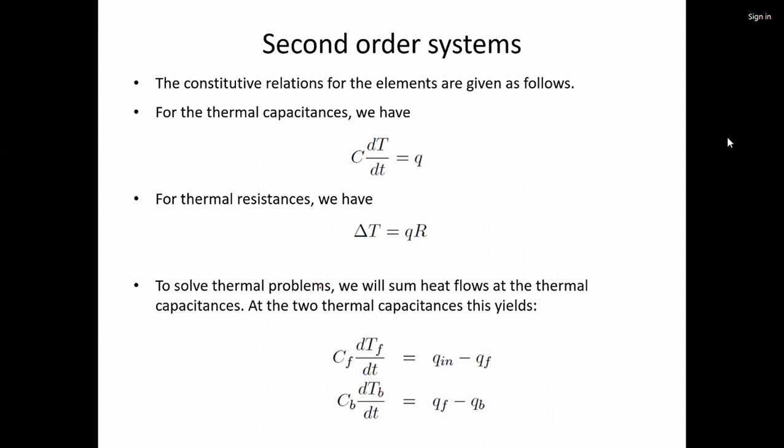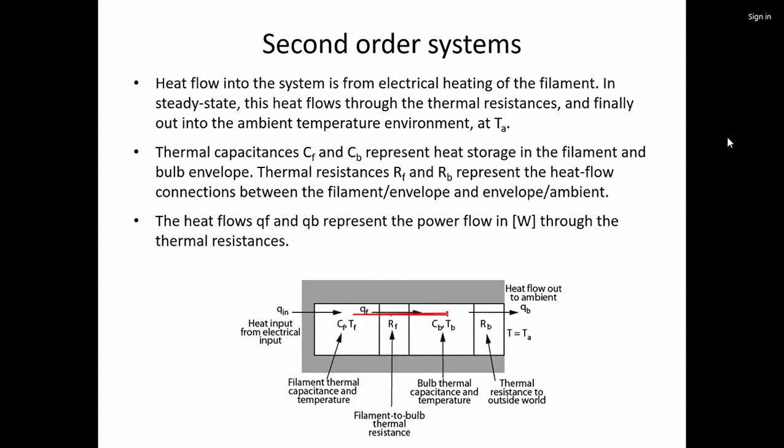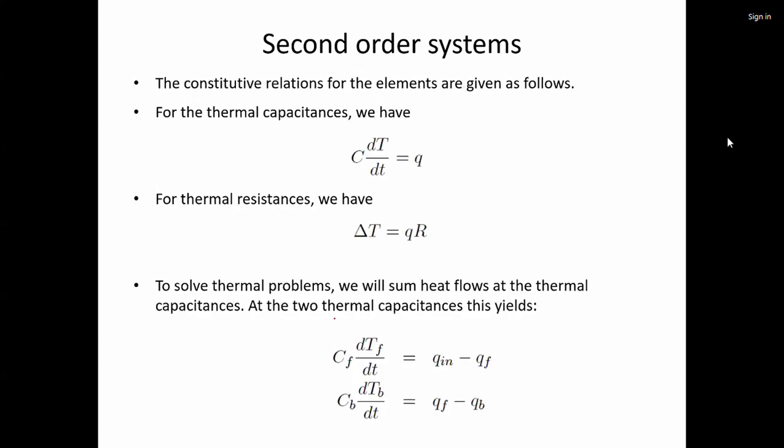Now we write these equations specifically for the filament as well as the bulb. If we write this for the filament, it will be CF times dTF over dt equal to the net heat flux.